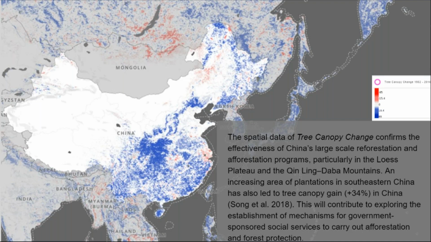The tree canopy change will also contribute to monitoring and evaluating the effectiveness of China's large-scale reforestation and afforestation programs. The Loess Plateau and the Qilian Mountains and increasing area of plantations in southeastern China have also led to tree canopy gain in China.